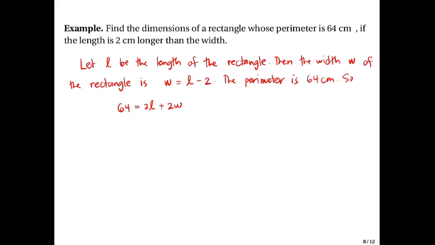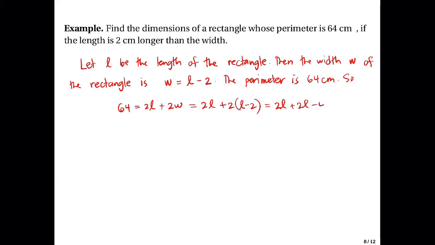But the width is equal to L minus 2. So you will have 2L plus 2 times L minus 2. If we simplify this, we will have 2L plus 2L minus 4, which is equal to 4L minus 4.